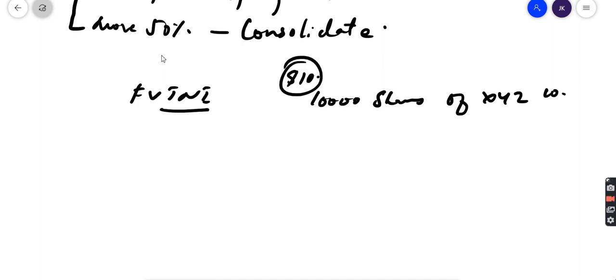This is our first entry. Let's say we bought it on 1st January 2022.